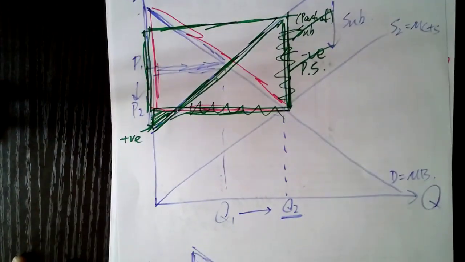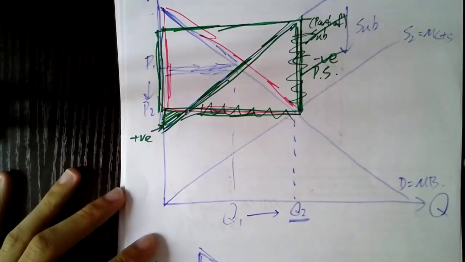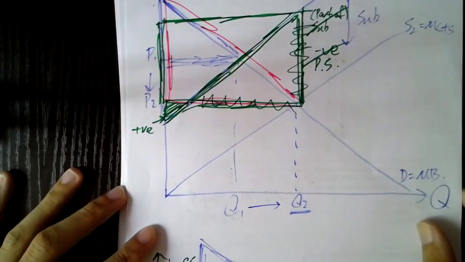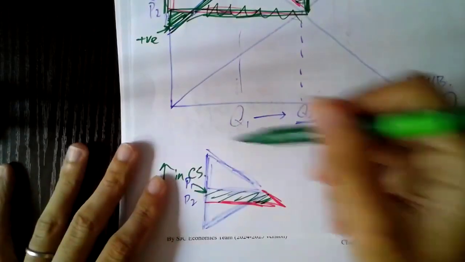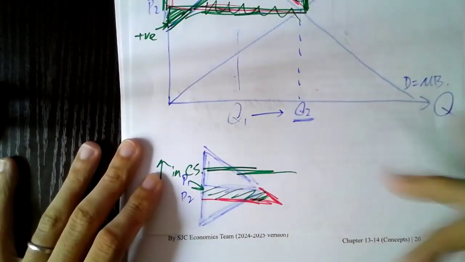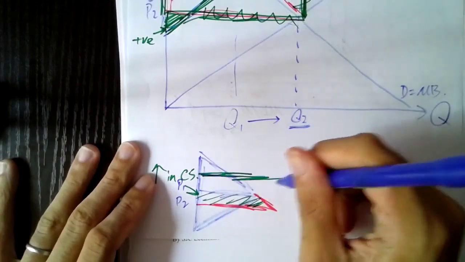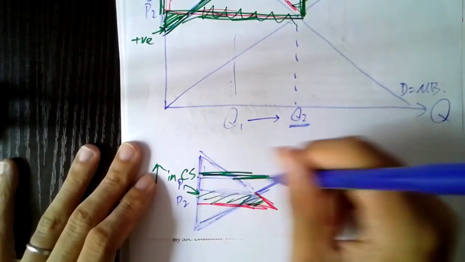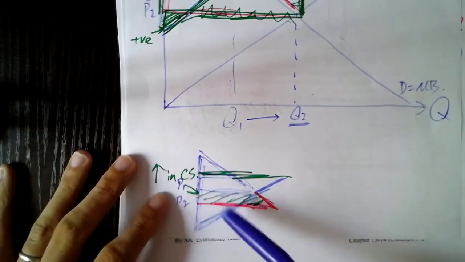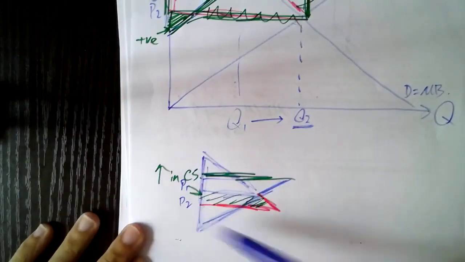Therefore, the total producer surplus after subsidy is actually right here. It's actually right here. Okay, originally at this guy, now this triangle.